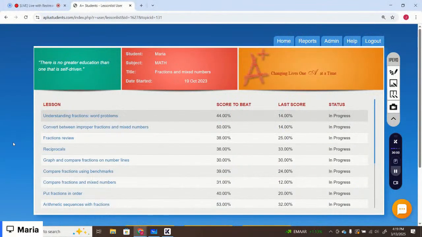If you have grade 5 math, the chapter we are on right now is fractions and mixed numbers.